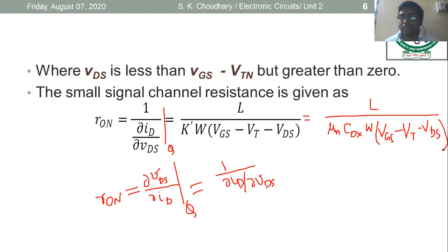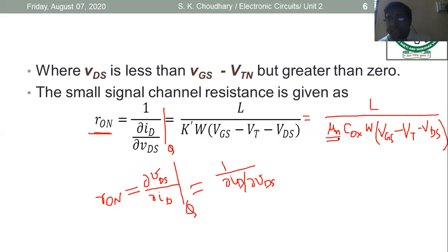Now see what we are taking as the outcome of this particular analysis. Your small signal channel resistance depends upon three main parameters. Which are these three parameters? First is mobility, mu n of electron. As the mobility increases, your resistance decreases.